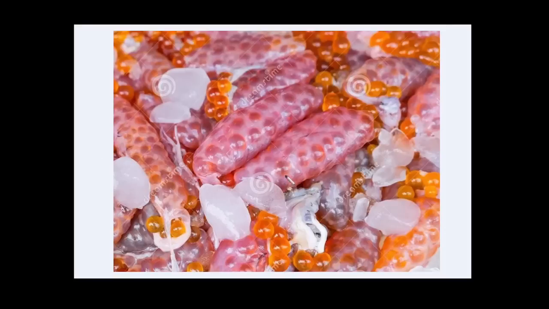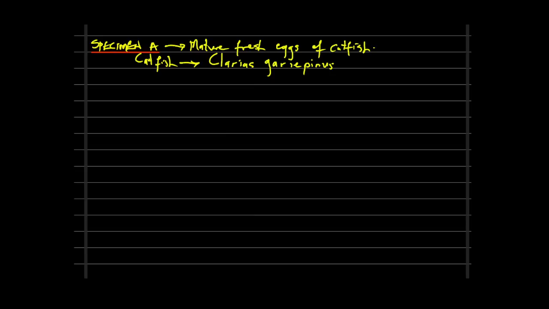Looking at this particular diagram, this is what the egg of a catfish looks like. We can see the eggs inside a particular envelope, kind of a sheet, and that sheet has all of the tiny cells in it, the tiny cells that look pale yellow in color. So those are the cells that make up the egg of the catfish.